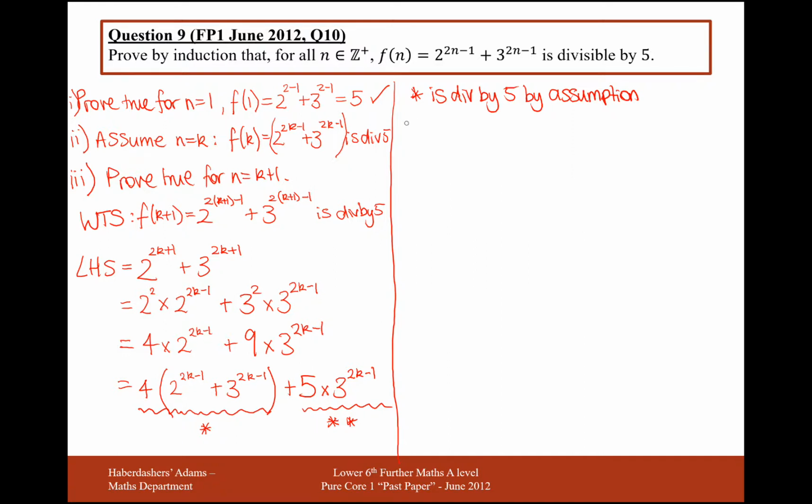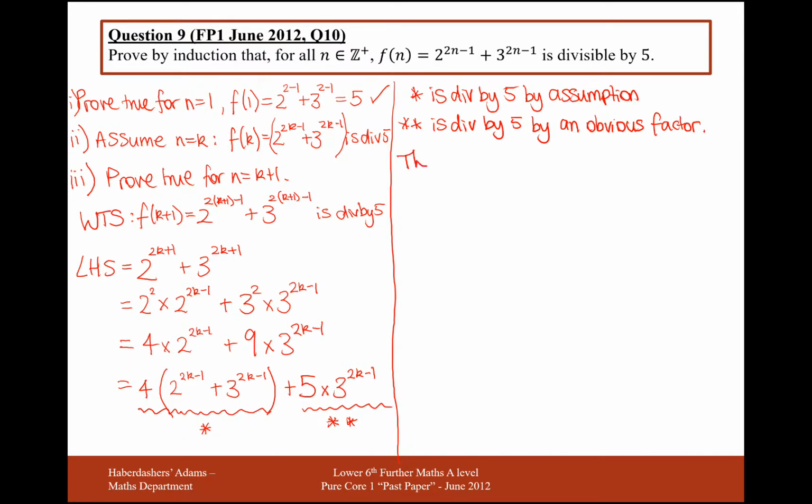And the second part of this, the double star part, is divisible by 5 by an obvious factor. Maybe I didn't need to write in obvious there, but it's obvious, so I'm going to write it by an obvious factor.